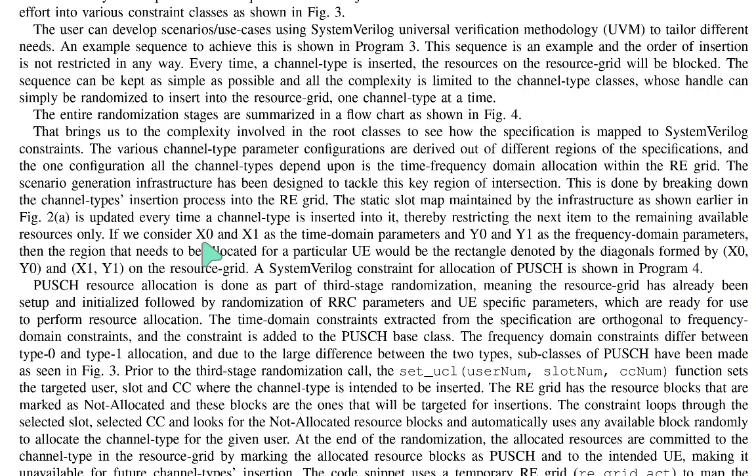If we consider x0 and x1 as the time domain parameters and y0 and y1 as the frequency domain parameters, the region that then needs to be allocated for a particular UE would be a rectangle denoted by the diagonal formed by x0, y0 and x1, y1 on the resource grid.